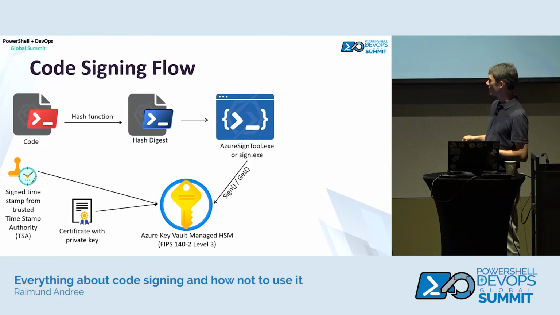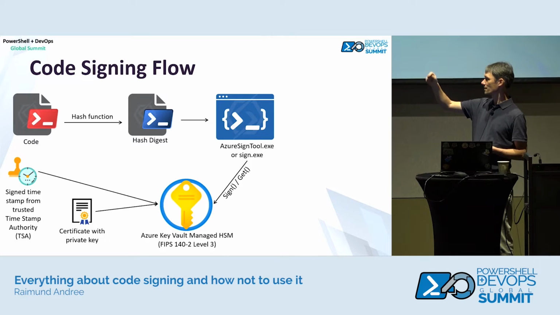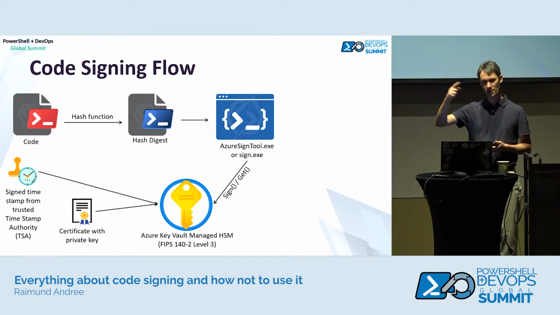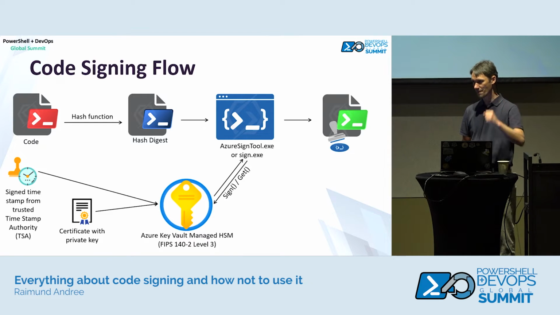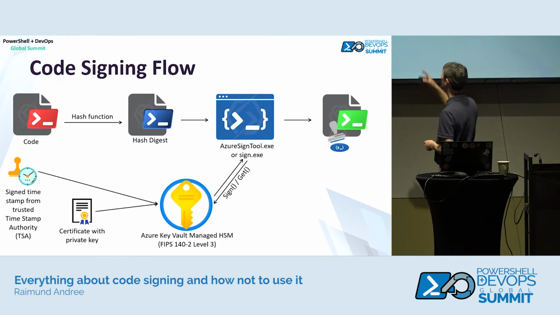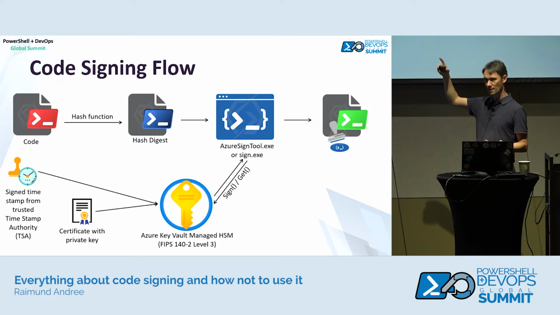And the Azure Key Vault then uses the private key in the vault and the timestamp it received from DigiCert or some other source and creates the signature and sends it back to the Azure Sign tool. So then we have our signature and we can stamp the file. Right? So the process is pretty much the same, just that our signing tool does not access the private key directly, it just delegates it to the Azure Key Vault.